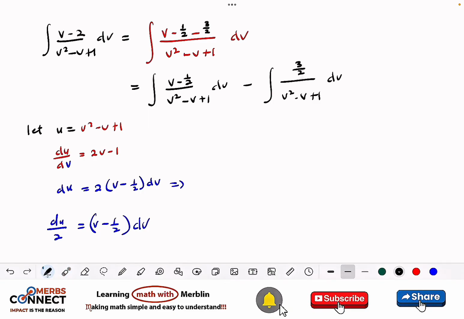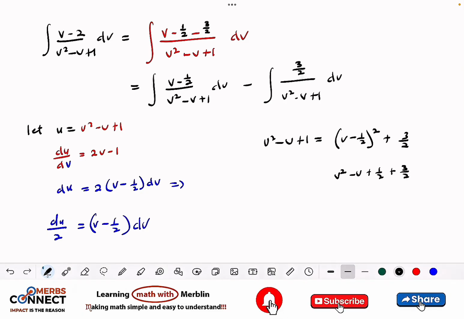So I can write the denominator v squared minus v plus 1 as v minus 1 over 2 squared plus 3 on 2. Is that right? Because when I multiply this, we have v squared minus v plus 1 over 2 plus 3 on 2.